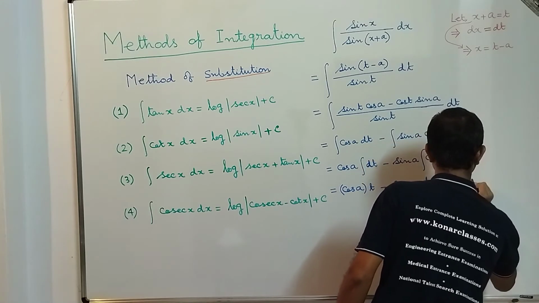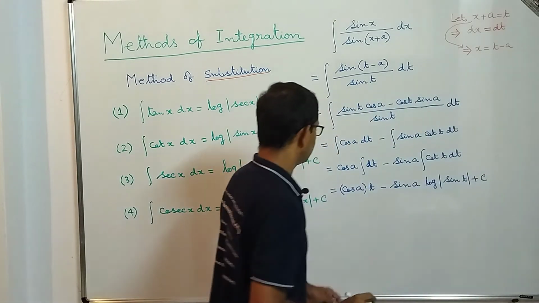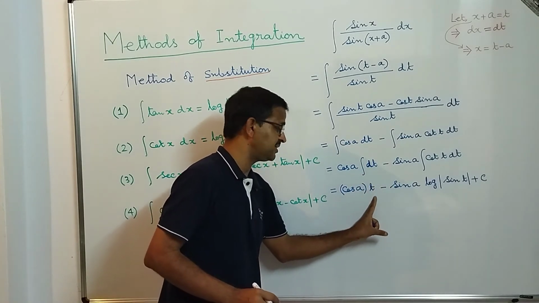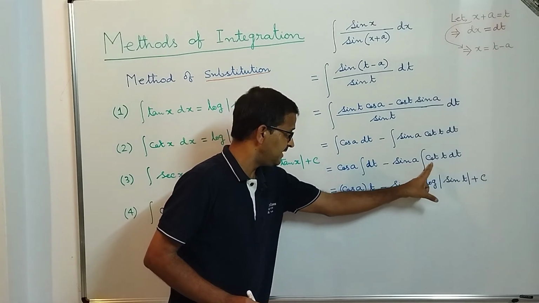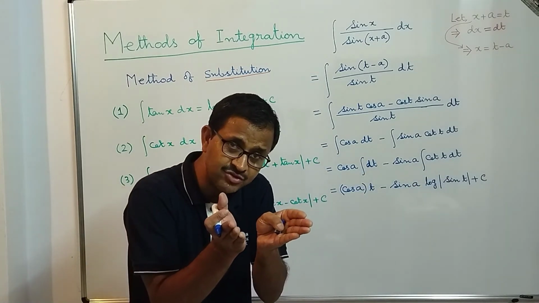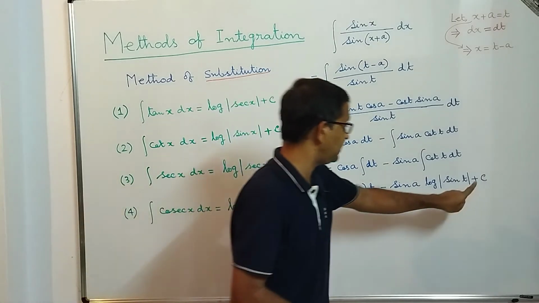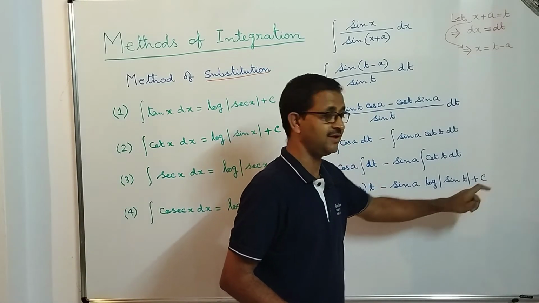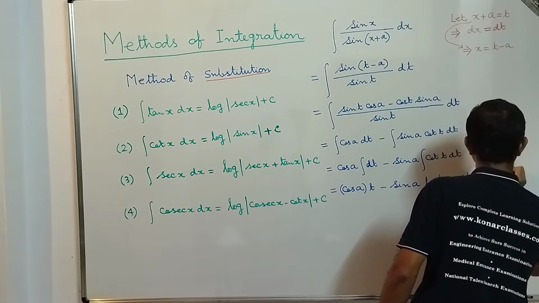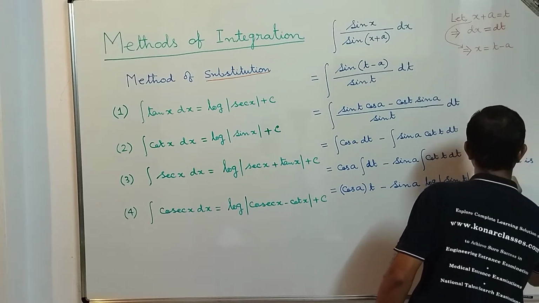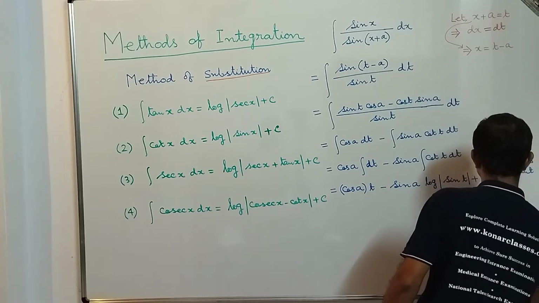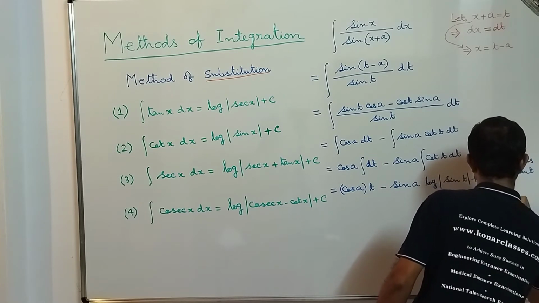When we integrate dt, we get one integrating constant, and when we integrate cot t dt, we get another. So we can add those two constants to get a new integrating constant c, where c is the constant of integration.